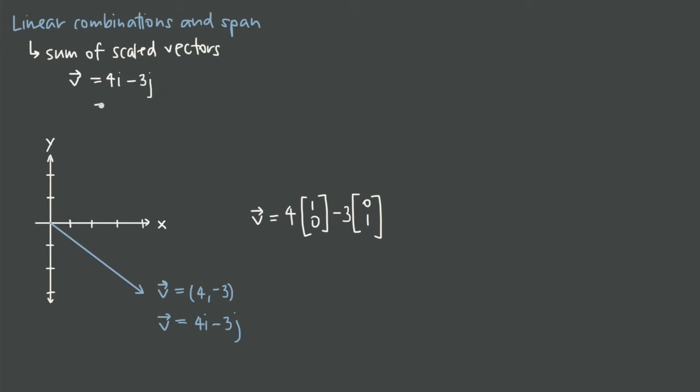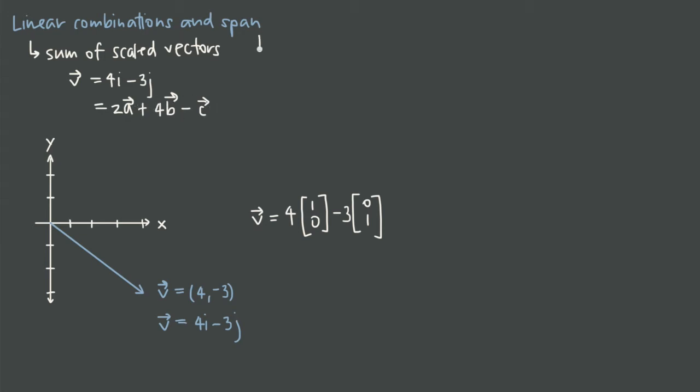Another example of a linear combination could be 2 times the vector a plus 4 times the vector b minus the vector c. I have 3 vectors, a, b, and c. I am scaling vector a by 2, I'm scaling vector b by 4, and I'm scaling vector c by -1, and I'm adding them together to get a sum. And this is just one single vector here, which is a linear combination of the vectors a, b, and c.